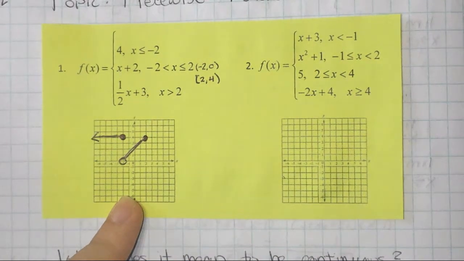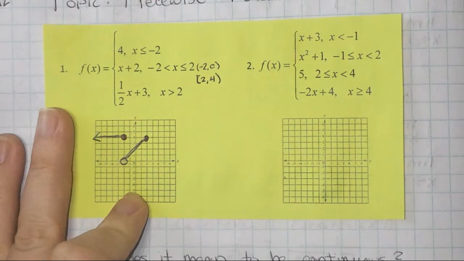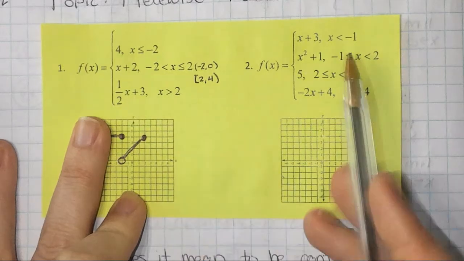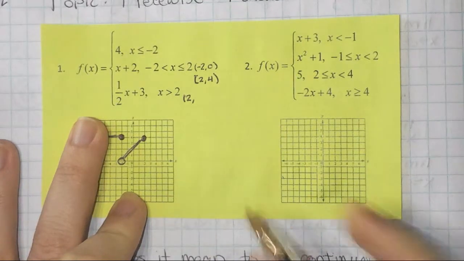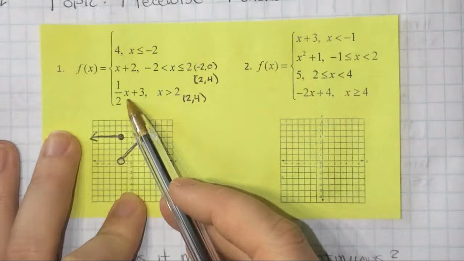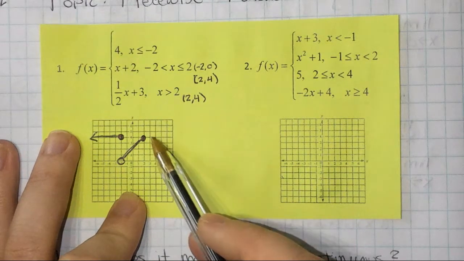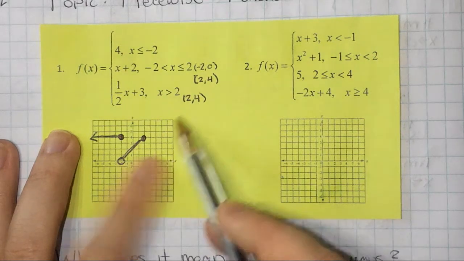Now go ahead and plug in 2. As I plug in 2, what value do we get? 4. And then what's happening as I graph this? My slope would be going up 1 over 2. Oh look, it's already graphed.